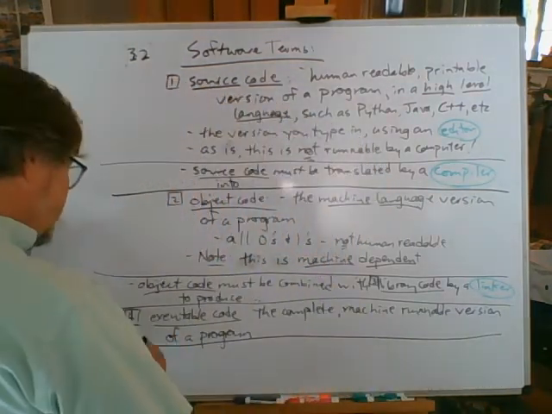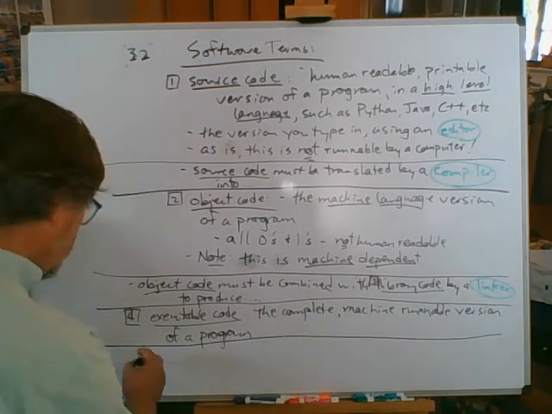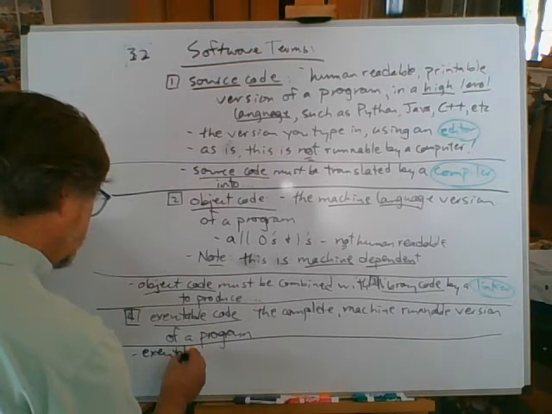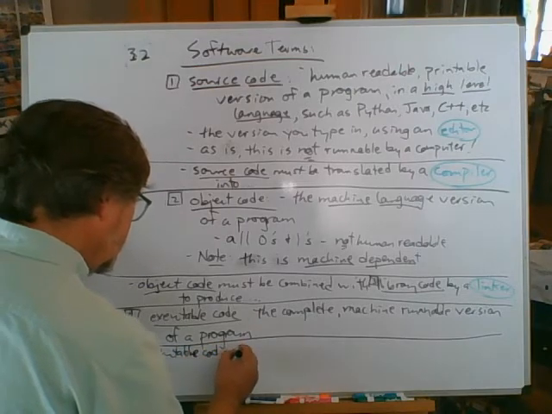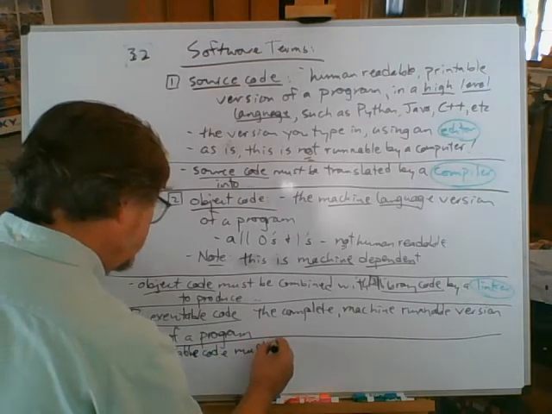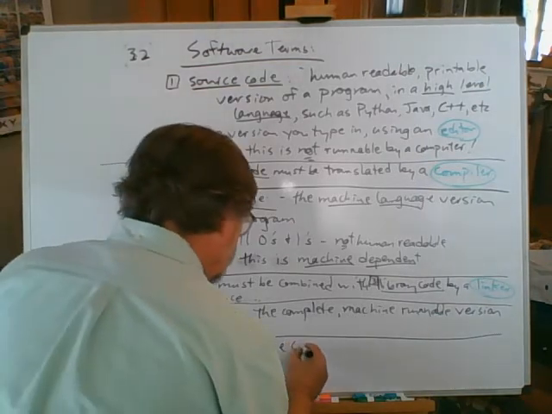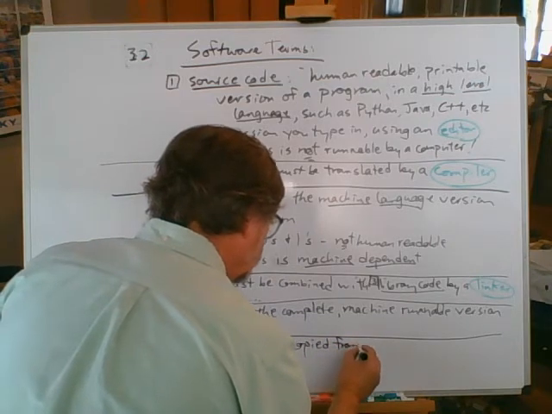I guess I'll do another quick transition down here, and I hope I can write it clearly enough to read it. Executable code, E-X-E-C-U-T-A-B-L-E, executable code must be, underline executable code, must be copied from long-term storage.